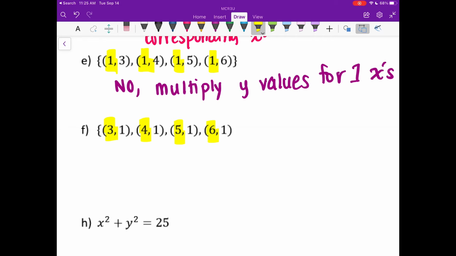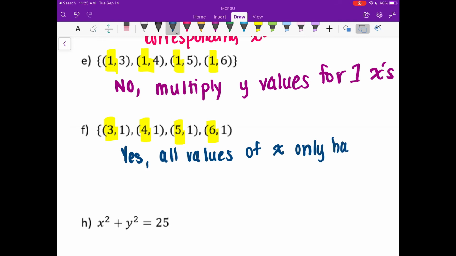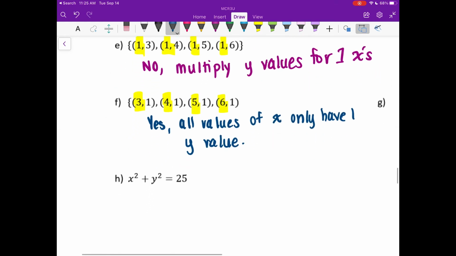Or you could just say, yes, it is a function because for every value of x, there's only one corresponding y. It might be the same y, but for every x, there's only one y.